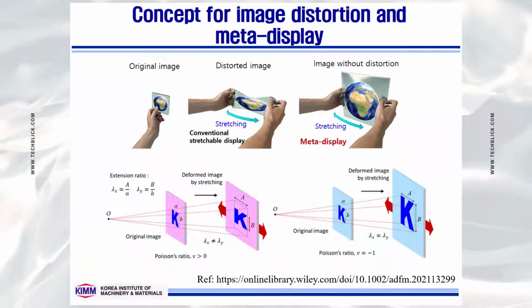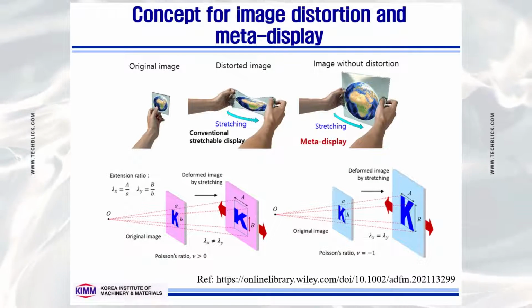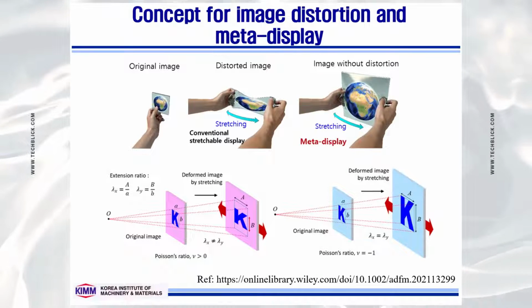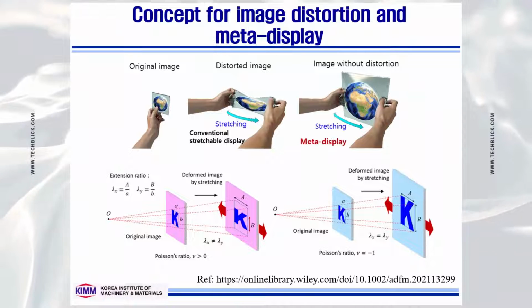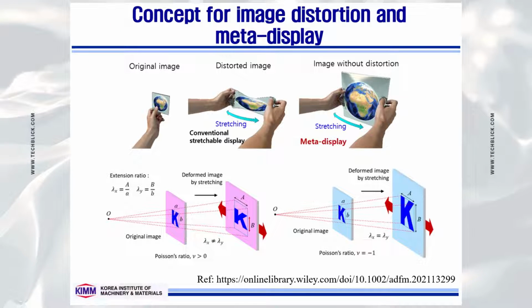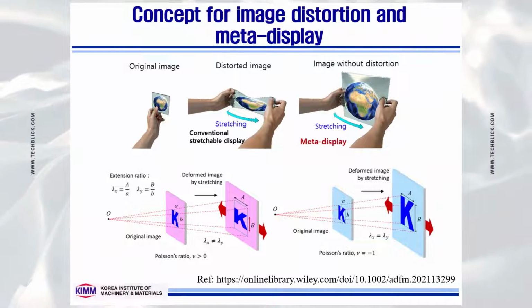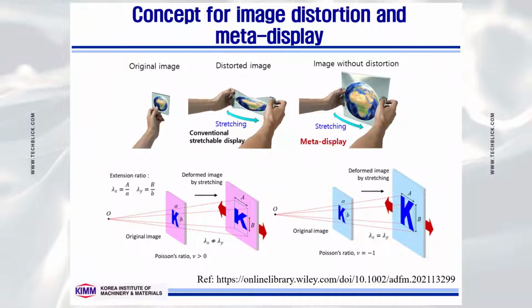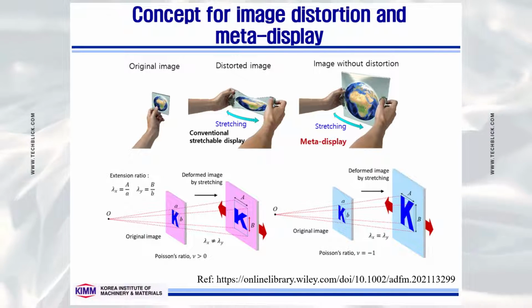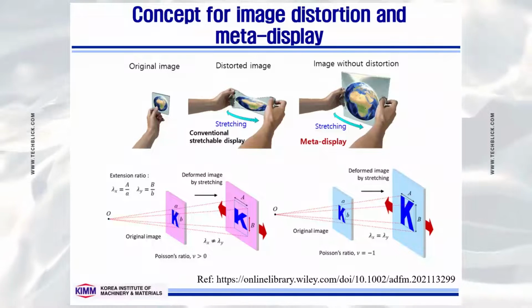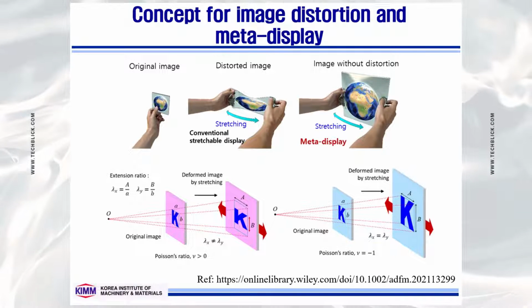This shows the concept of image distortion and meta display. This is the original image. When we stretch the display in this uniaxial direction, the panel is squeezed in the perpendicular direction like this.